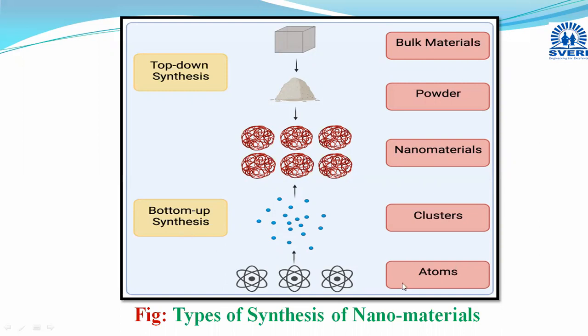And bottom up, from atom size, from a very small size, we convert them into clusters. A number of atoms will come together to form a cluster, and from a number of clusters, nanoparticles or nanomaterials will be formed. From small to larger, from atom to nanomaterials, this is termed the bottom up approach or bottom up synthesis. And from bulk material to nanomaterials, from large size to small size, this is termed the top down approach or top down synthesis.